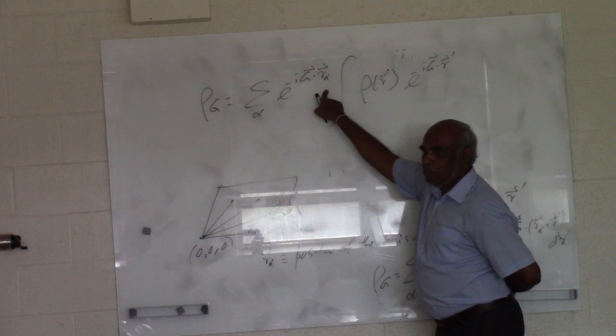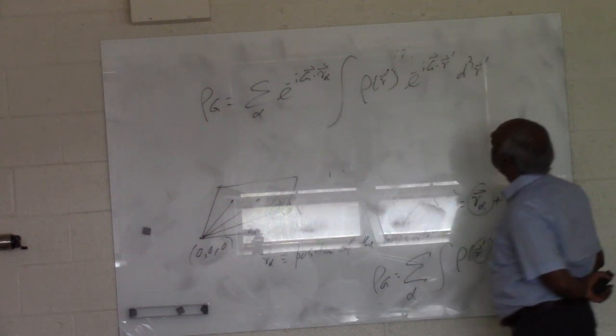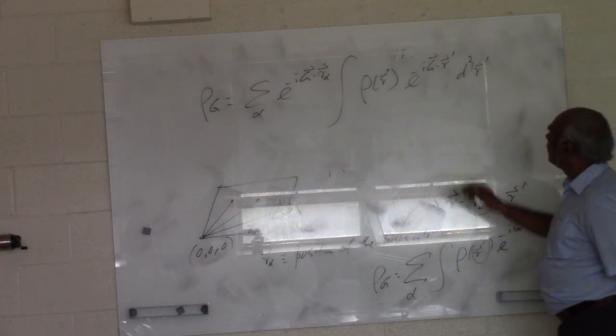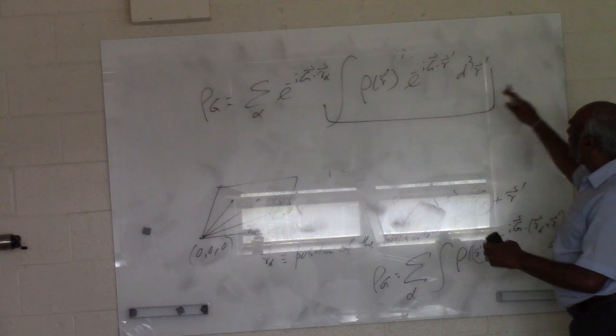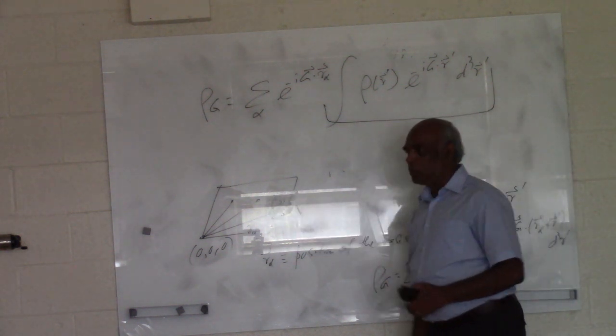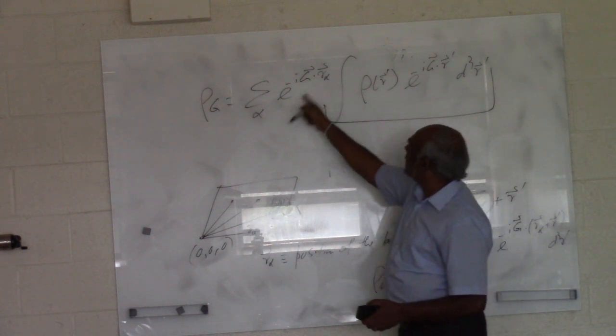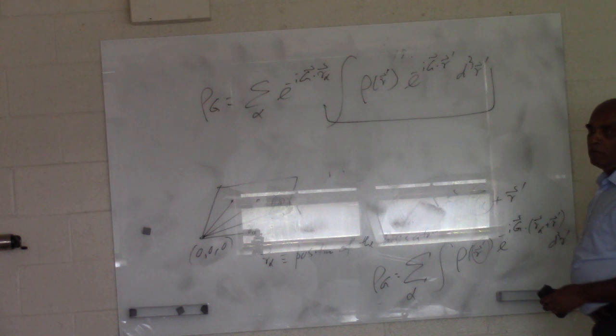This is the first part. Then I have d^3 r prime. So this is basically what is in that electron distribution, summed over all the atoms in the basis.